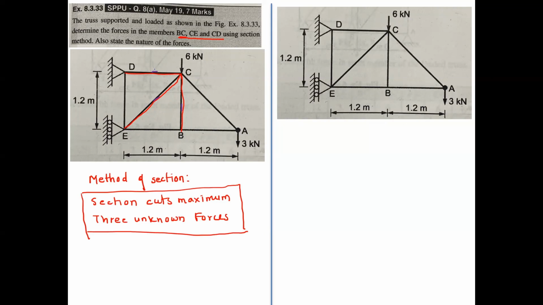We have the concept that whenever we take a section, it cuts the entire truss into 2 parts. So here you can take the section like this, section 1-1. Clear? And if you take the section like this one, I will draw it on another figure.